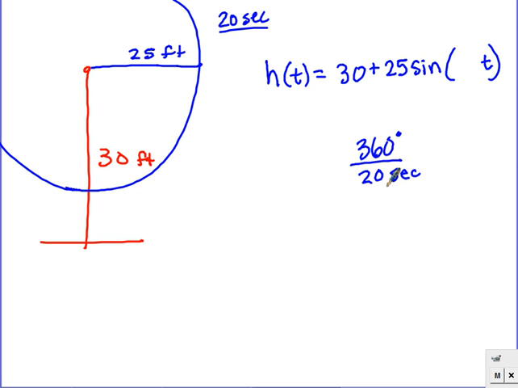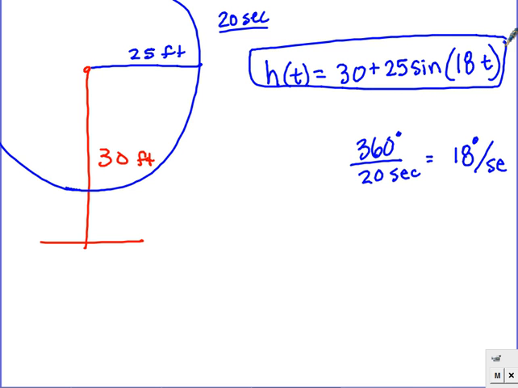So I wanted to know how many degrees per second. And you guys got really good at this. So if I divide that, we would be going at a rate of 18 degrees per second. So our equation would be 18t right there. Now this is going to be really important. This actually helps us determine what our period is.